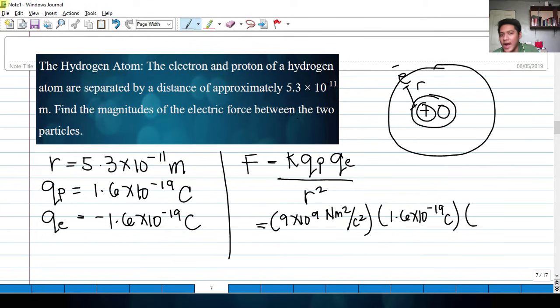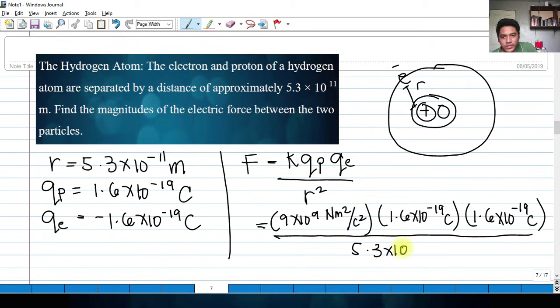Take note, we use a positive charge here because we are asked for the magnitude. So 1.6 times 10 raised to negative 19 Coulomb divided by the square of the distance, 5.3 times 10 raised to negative 11 meters.